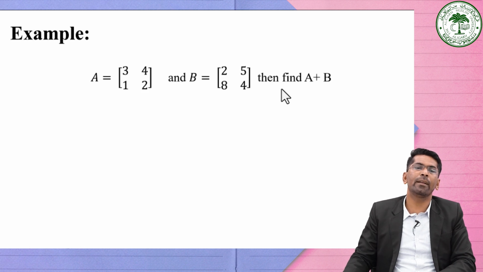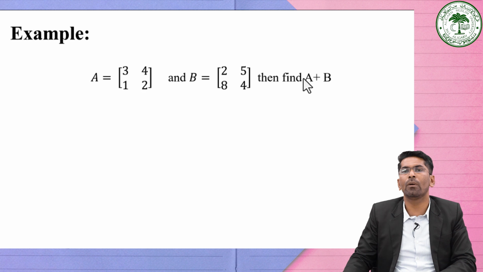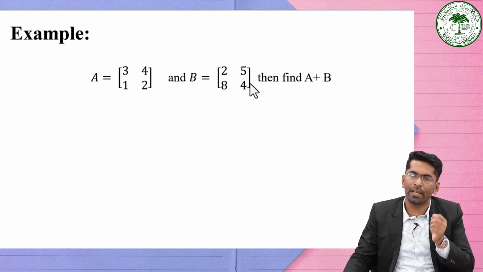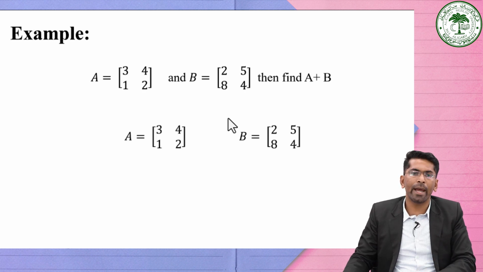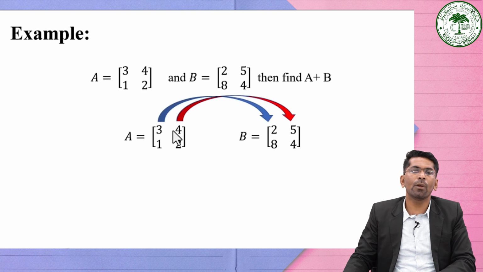So consider one example. We have two given matrices. Matrix A is equal to 3, 4 and 1, 2. Matrix B is equal to 2, 5, 8, 4. We want to find out A plus B. We can check that we have a 2 by 2 matrix. Matrix A is a 2 by 2 matrix and matrix B is also a 2 by 2 matrix. So we can say that matrix addition is possible. How are we going to add? We add 3 plus 2, the first element of both matrices, then 4 plus 5, similarly 1 plus 8, 2 plus 4.